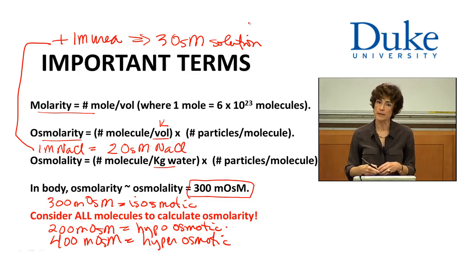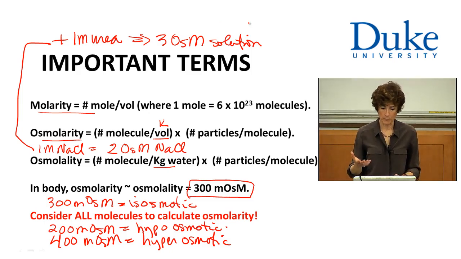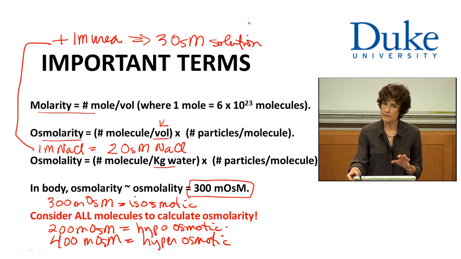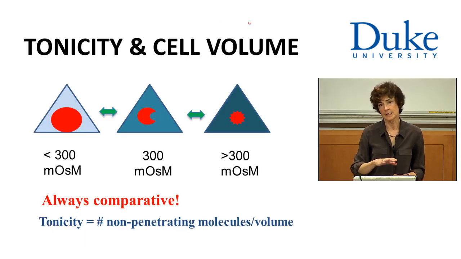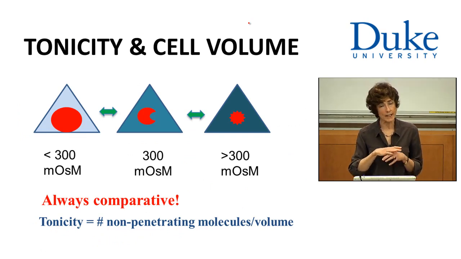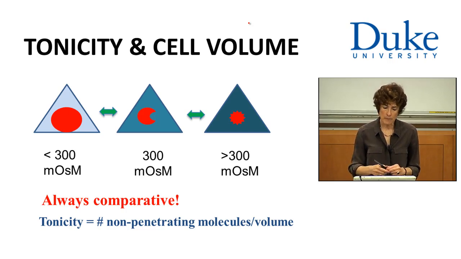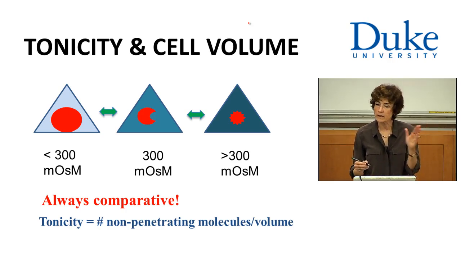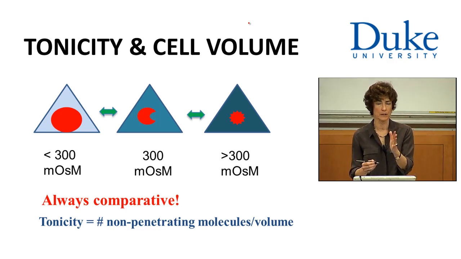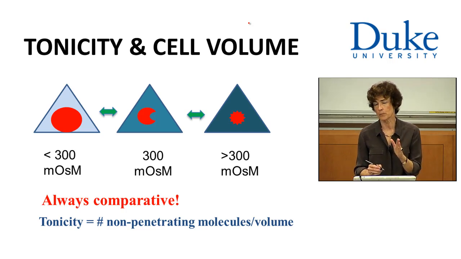Sodium chloride plus the urea makes a 3 osmolar solution. Now, the difference between osmolarity and tonicity is that with tonicity, we do not count all of the particles that are in the solution. We only count the particles that are non-penetrating. And the non-penetrating particles means that they cannot go across the plasma membrane. Remember, urea could go across the plasma membrane. But the non-penetrating particles would be the sodium and the chloride.